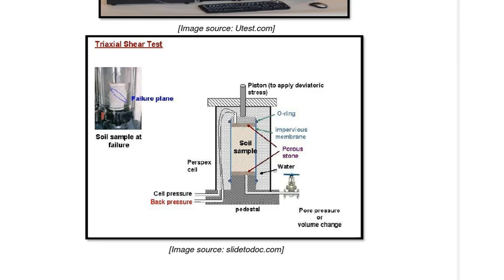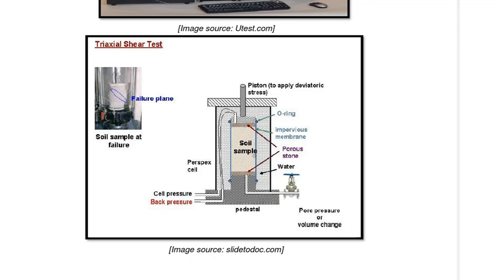This sits on our pedestal inside our cell. So, meron tayong loading cup dyan sa taas. And it is surrounded by an impermeable latex membrane. So ito, that separates yung soil sample natin doon sa pore fluid from the fluid na nag-fill nung ating cell. So ito yung cell natin.